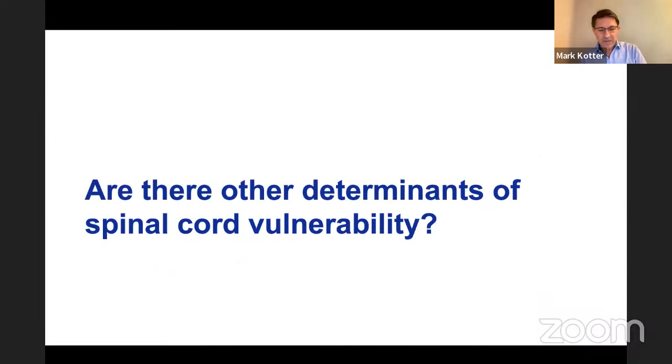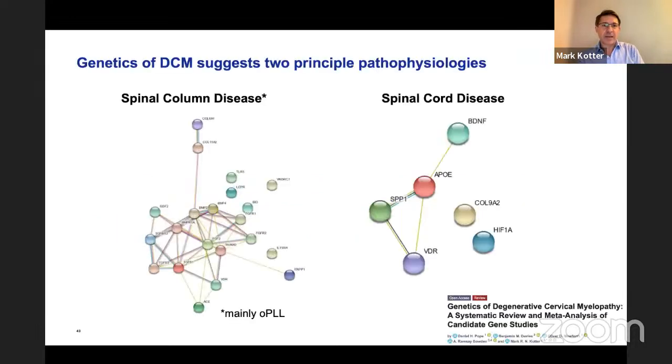So we need to think about this vulnerability in a much broader term. And one way of looking at this is, for example, genetic basis. Here again, this is the output of a systematic review that we've conducted, and we found really two gene groups that are enriched in DCM.